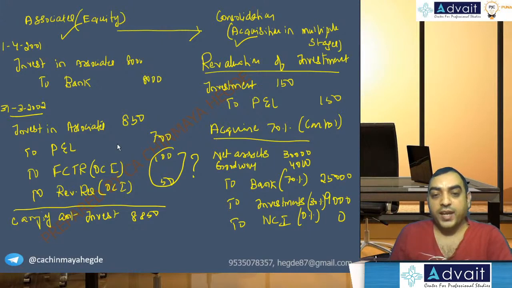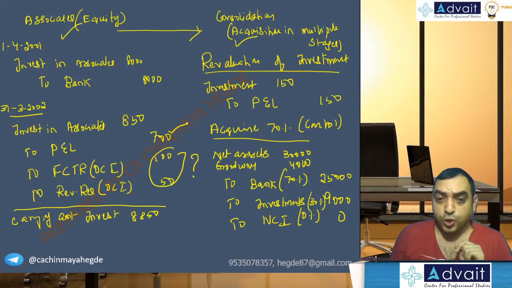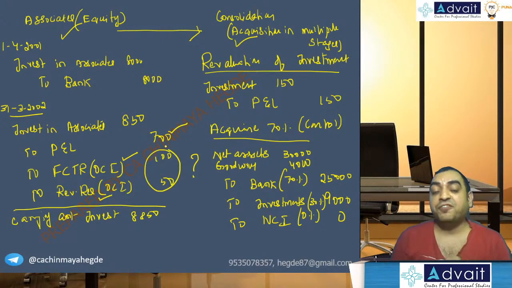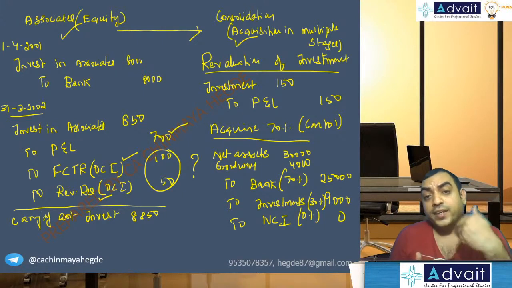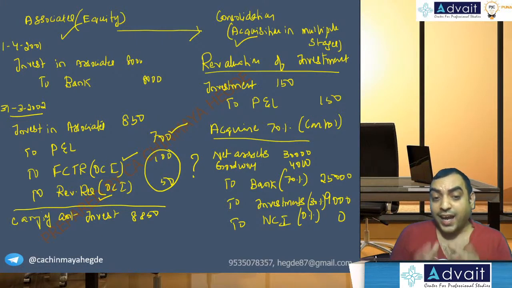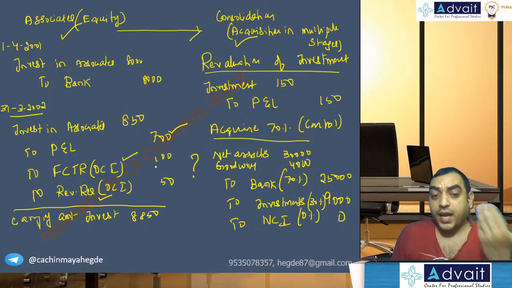Fine. Now what will happen? So far, you have transferred to P&L. This is no problem. This FCTR what we have, this revaluation reserve what you have, 150 is there, right? That should now be de-recognized. Why? Because you are no longer an associate. Now it has become a subsidiary. So that OCI, that revaluation reserve should be closed. That should not be transferred, because as of now it is in your reserves and your FCTR account.